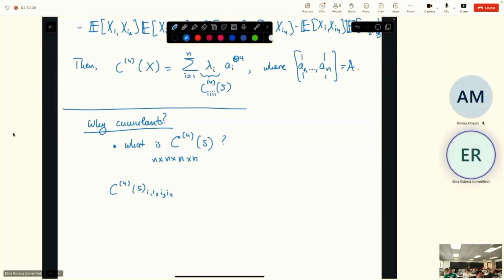Because there are several cases, right? So let's say I1, I2, I3, I4 are all different.